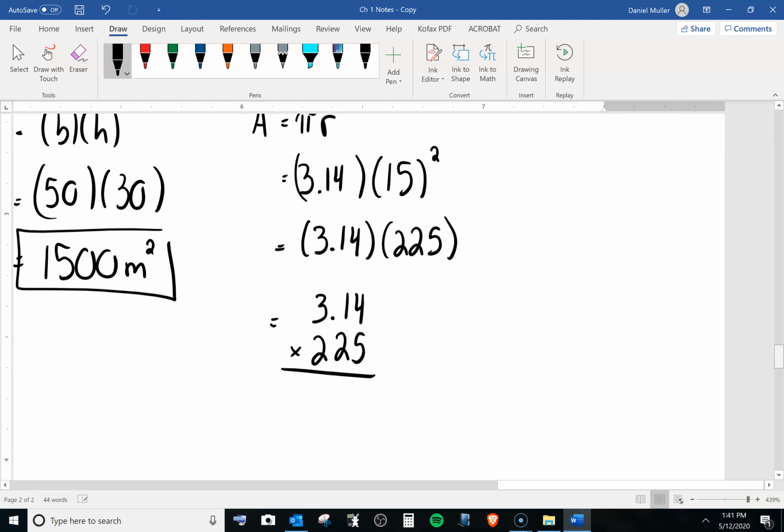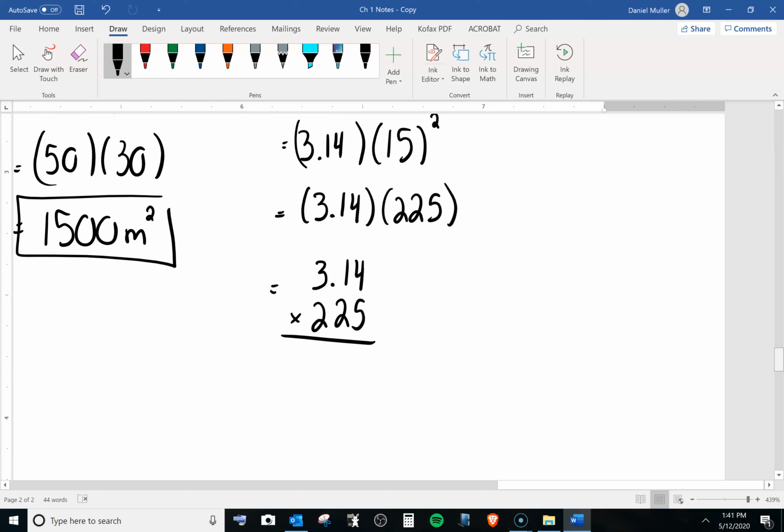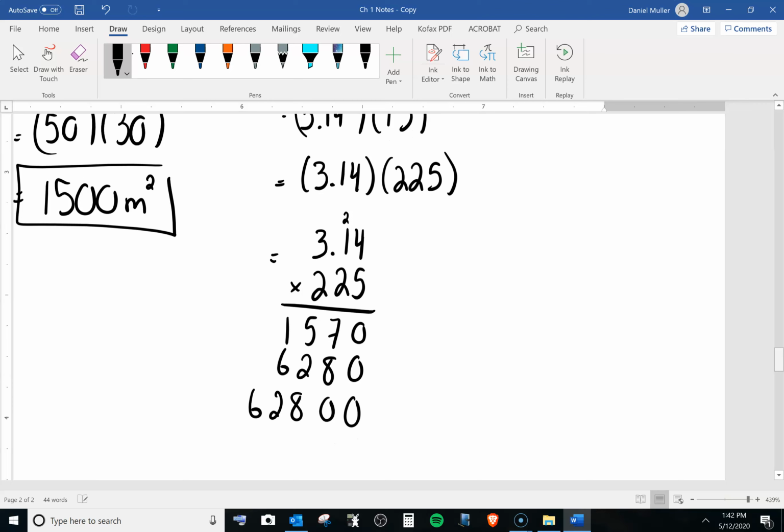We'll do this vertically. And there's 2 decimal places that moved in for the 3.14, so I'll keep that in mind with my answer. 5 times 4 is 20, carry the 2, 5, 6, 7, and then 5 times 3 is a 15. Start with a 0. 2 times 4 is 8, 2 times 1 is 2, 2 times 3 is 6. Start with 2 zeros. 2 times 4 is 8, 2 times 1 is 2, 2 times 3 is 6.